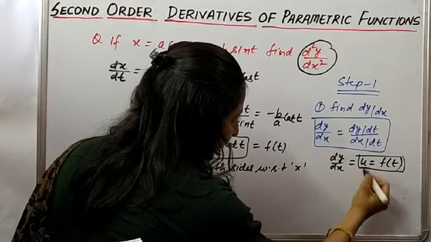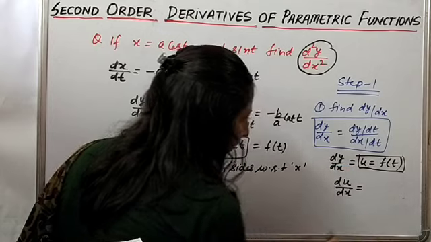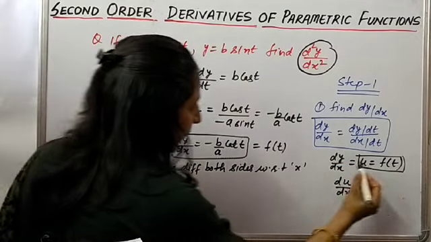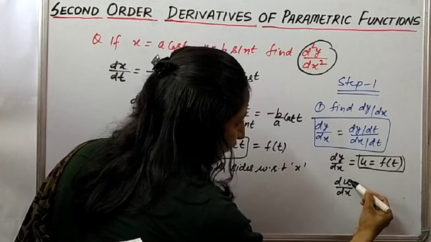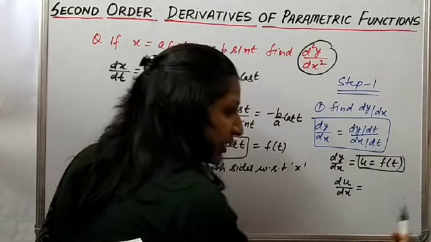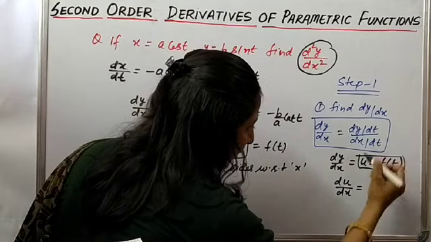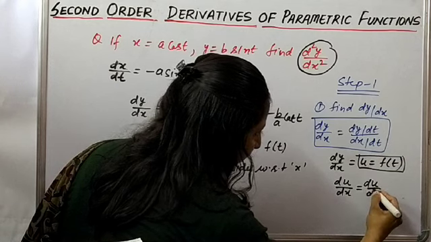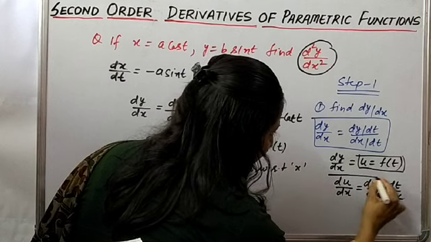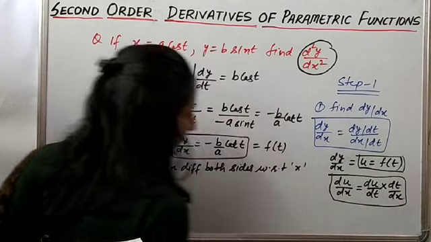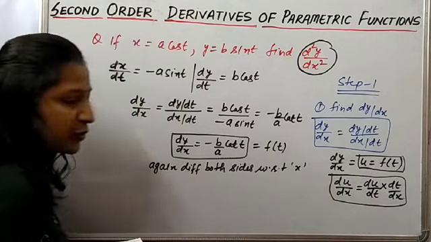It means we have to find du by dx. But u is a function of t, so we will apply the chain rule. Firstly, we will differentiate u with respect to t and then multiply by the derivative of t with respect to x, and then we will get our required result, that is the derivative of u with respect to x, or the derivative of dy by dx with respect to x.